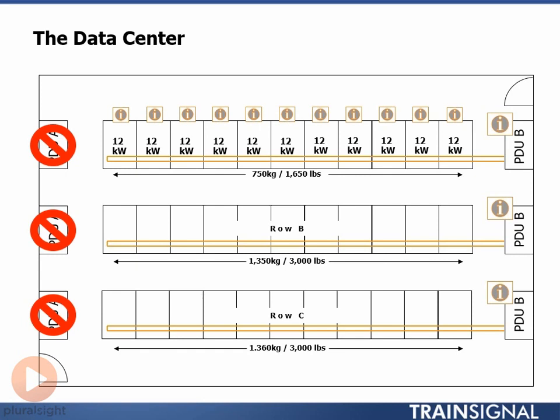And this can be important, especially if you're deploying kit in racks in increasingly high densities. The last thing you want is your rack falling over as the floor beneath it collapses. And these things can and do happen if you don't plan weight bearing correctly.